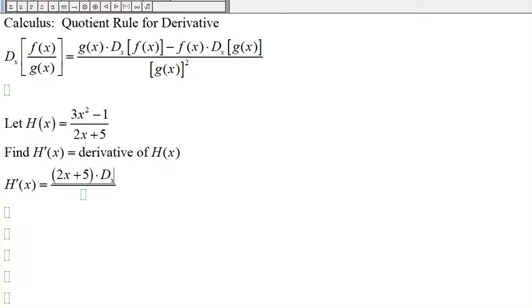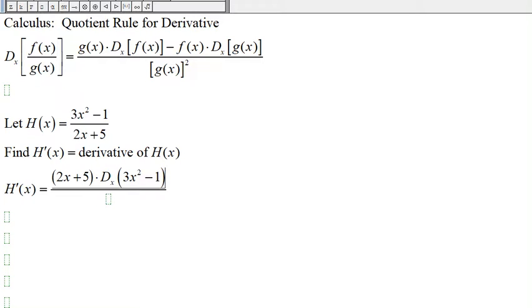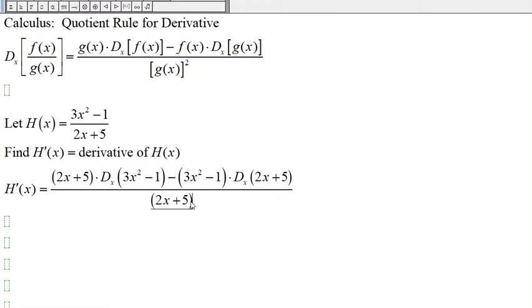And then times the derivative of f of x, which is the 3x squared minus 1, and then minus f of x, which is 3x squared minus 1, and then times the derivative of g of x, which is the 2x plus 5. And then dividing by g of x squared, so it will be g of x, and then square.